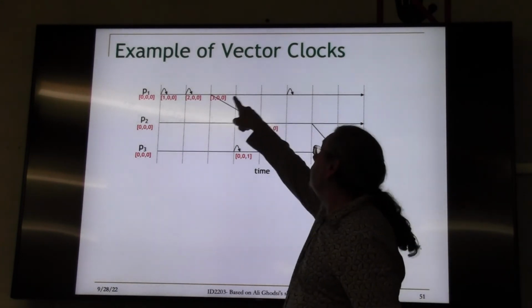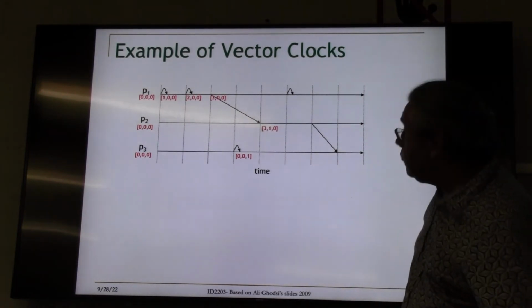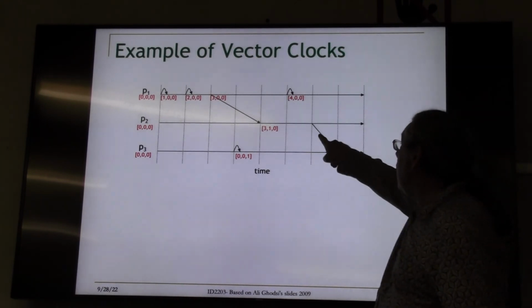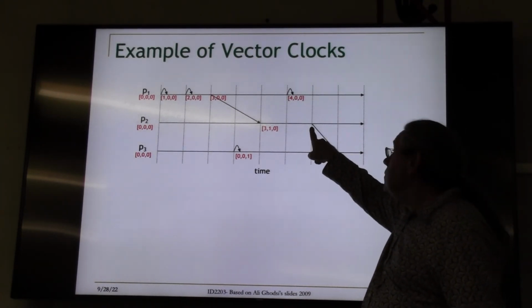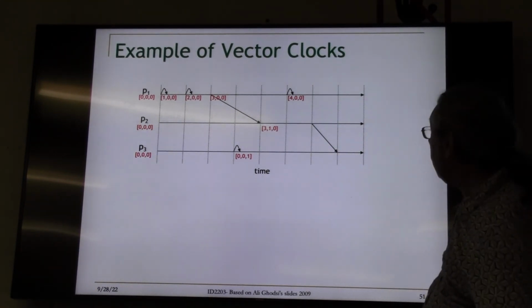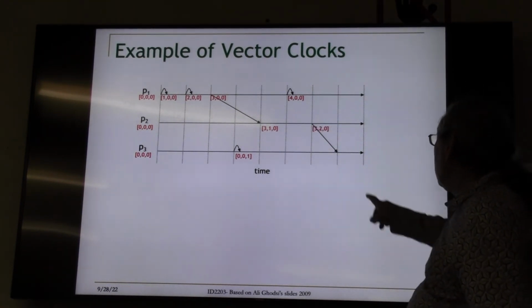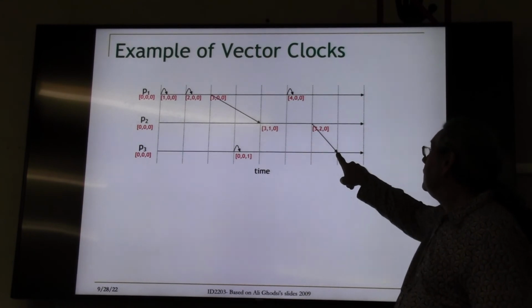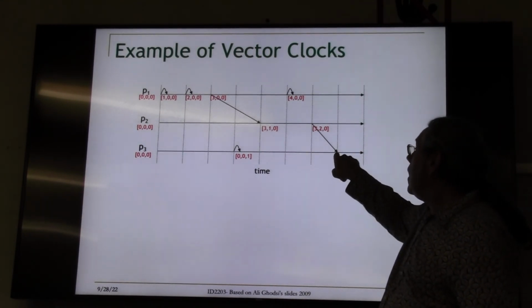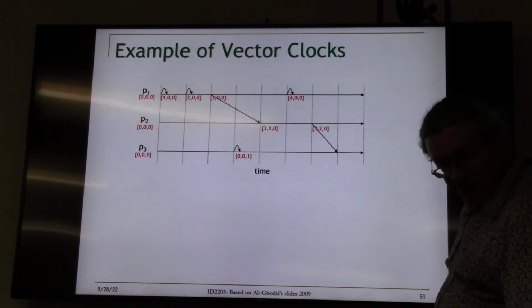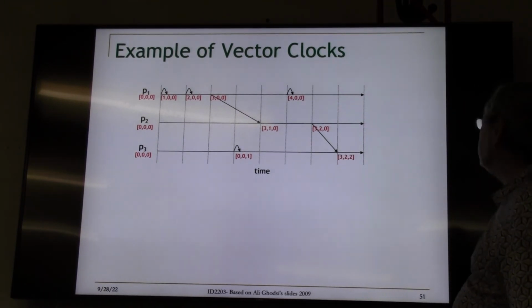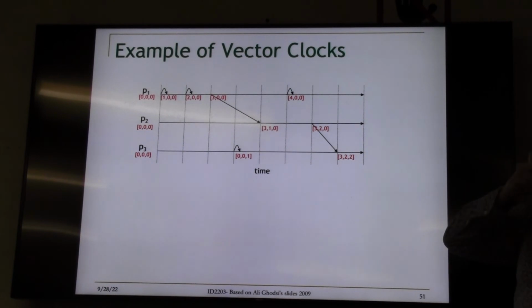See that? 3, 0, 0. I increment the first one. And here I have 3, 2, 0. And here I have 3, 2, 1, but I have to do a little bit more. 3, 2, 2.